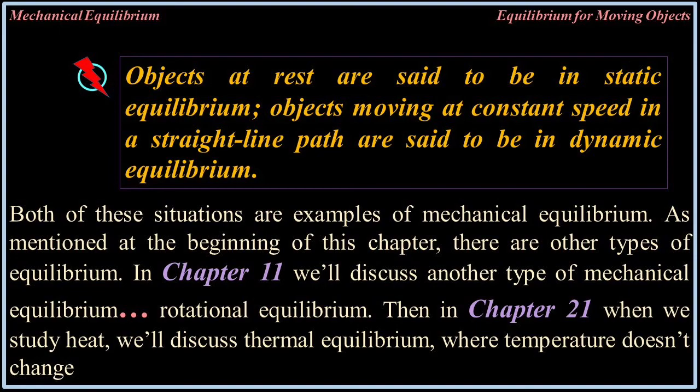Both of these situations are examples of mechanical equilibrium. As mentioned at the beginning of the chapter, there are other types of equilibrium. In Chapter 11, we'll discuss another type of mechanical equilibrium, rotational equilibrium. Then, in Chapter 21, when we study heat, we'll discuss thermal equilibrium, where temperature doesn't change.